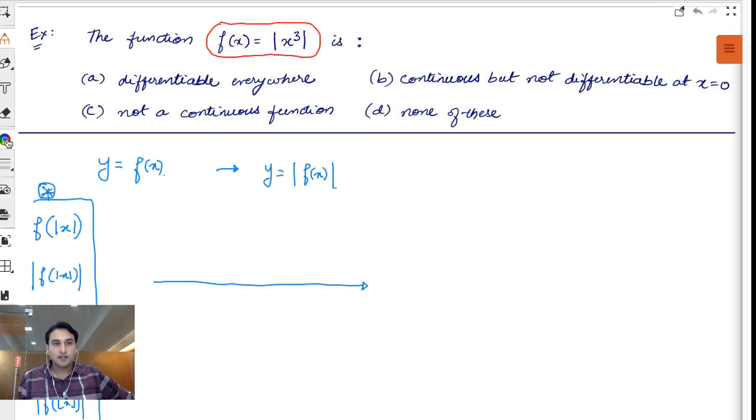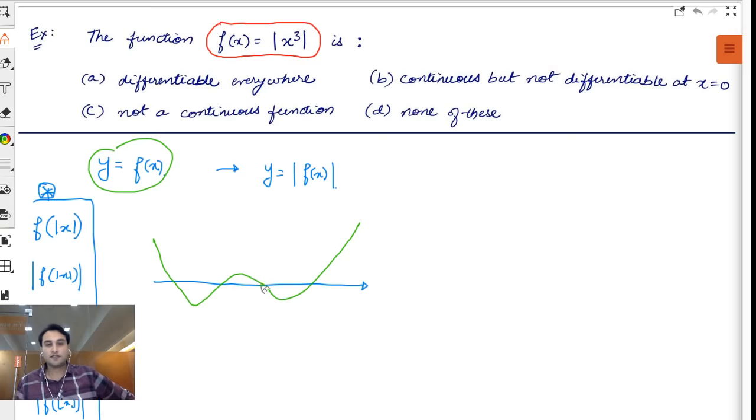Imagine your y equal to fx का graph is like this. Let me plot some random graph. Say this is the graph. This is the graph of what? Y is equal to fx. Now what will mod of fx do? First of all, realize that modulus is a Baba function. What is modulus? It's a Baba function.